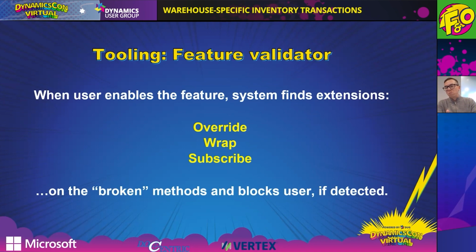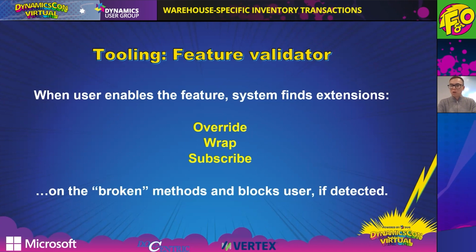Whenever you go to the feature management portal and try to enable the warehouse-specific inventory transactions feature, the system will automatically scan all your customizations, and it will find all the override, wrap, or subscribe extensions over the methods which we consider broken. I have described them on the previous slides. If it detects something like that, it will not allow you to enable the feature. The user will get a descriptive error which explains why you cannot enable the feature.